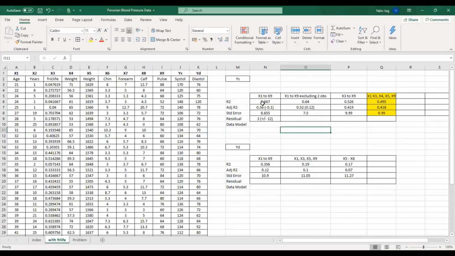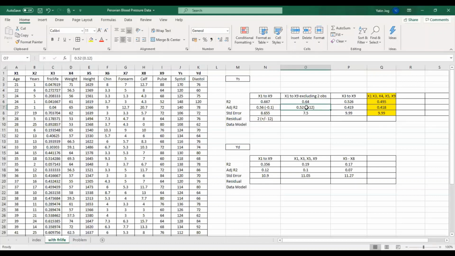After doing that, my R square is not changing that much. It's a difference of 0.02 only, which is negligible. I'll consider the same R square, but adjusted R square is going down by 0.02 points. Even that is okay, but the total difference between these two is 0.12.